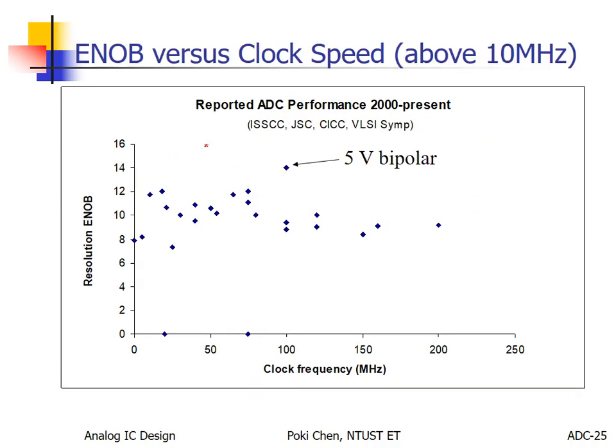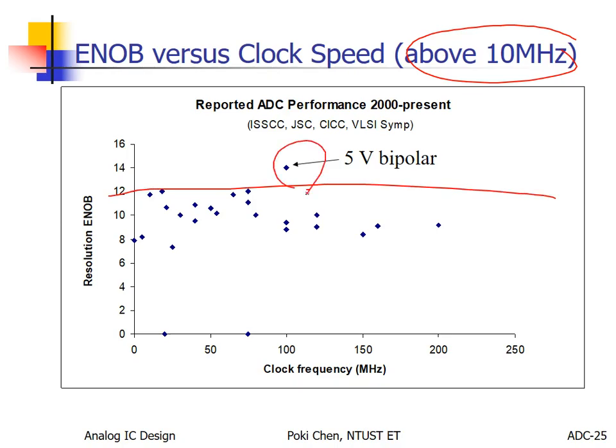So allow me to show you the other one, it will be easier. If we focus on effective resolution for operation frequency higher than 10 megahertz, you can see all of them smaller than 12. Only one is higher than that.